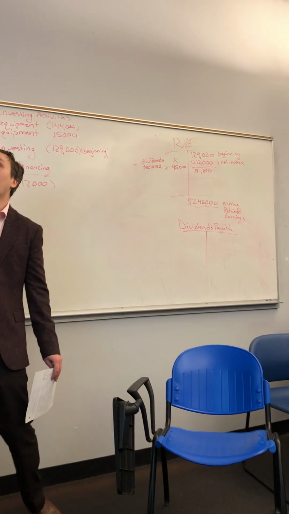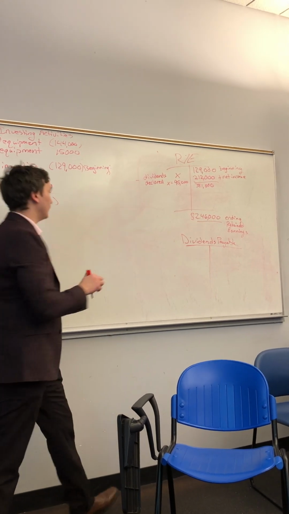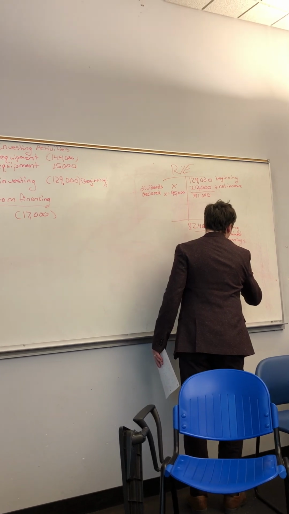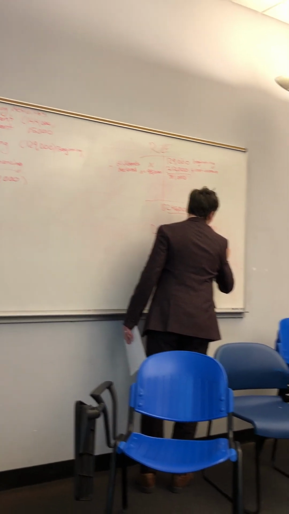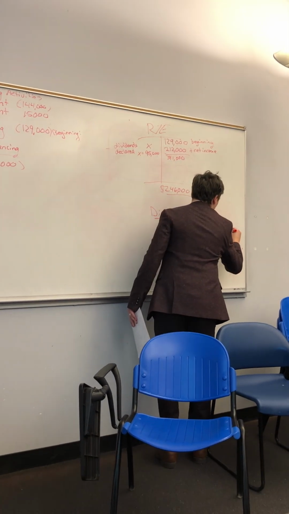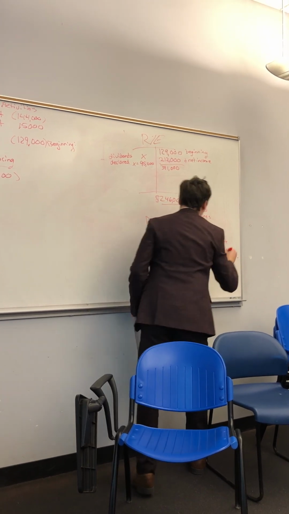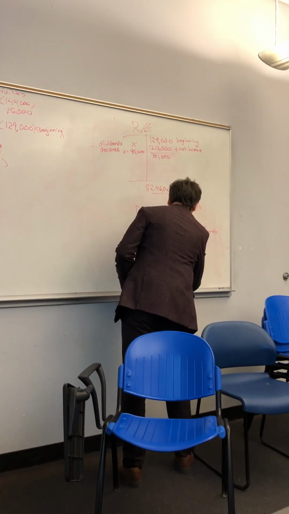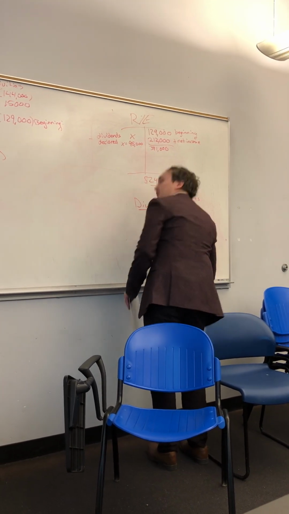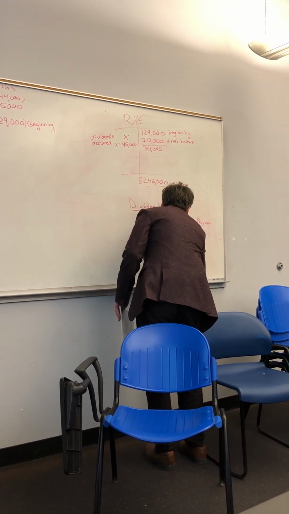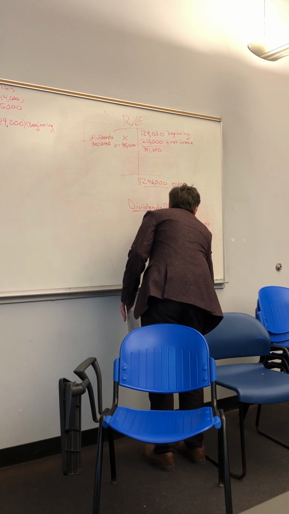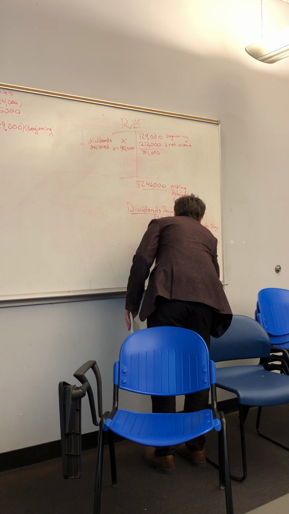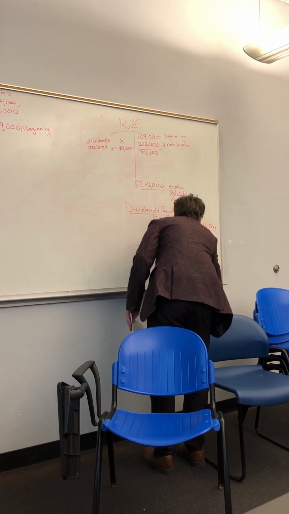We have dividends payable starting at 22,000, and then ending at 17,000.